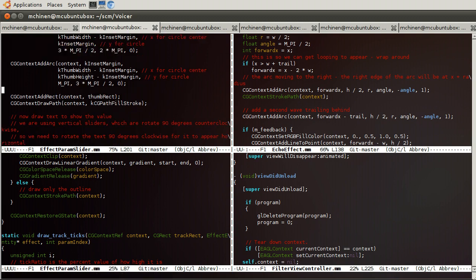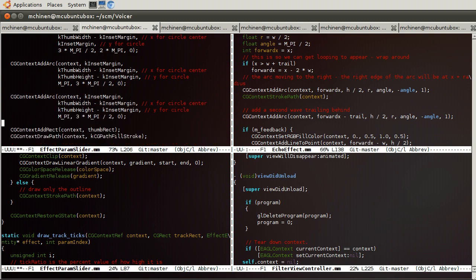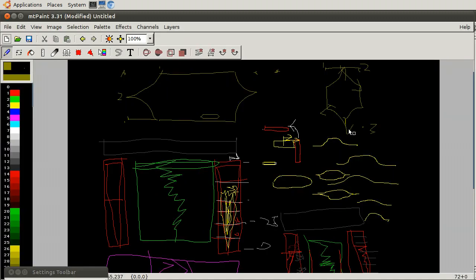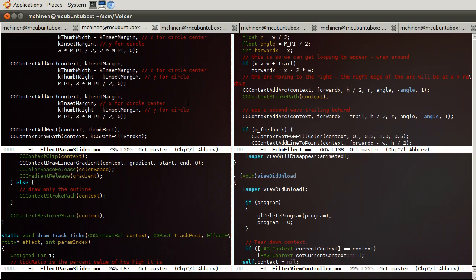Yep. Alright, then the last arc is just going to have the original x and the positive y for the lower left. And that's going to be from 0 to 3 pi divided by 2. Wait, what did I say?